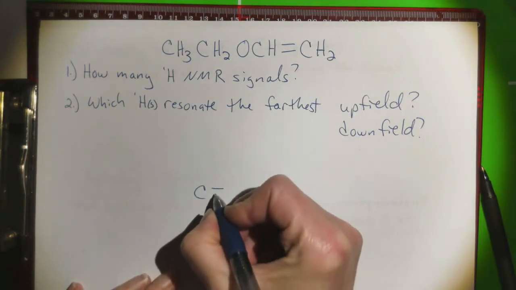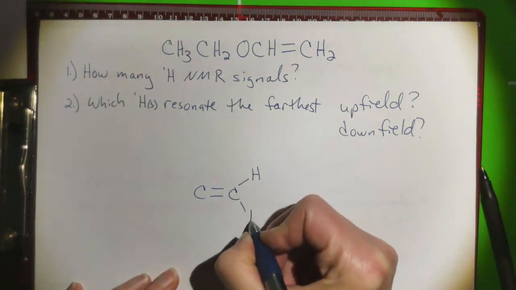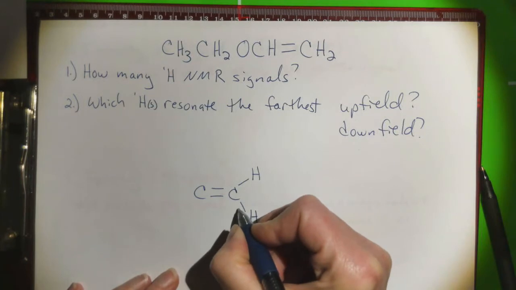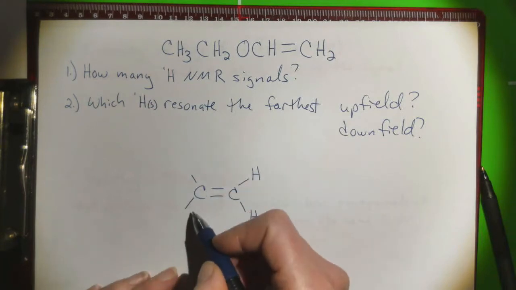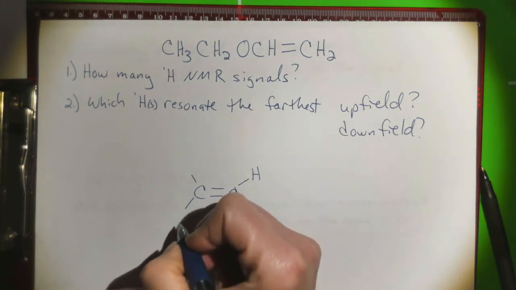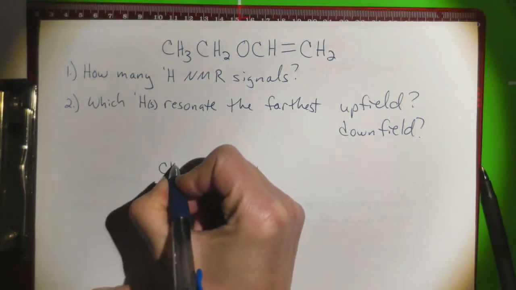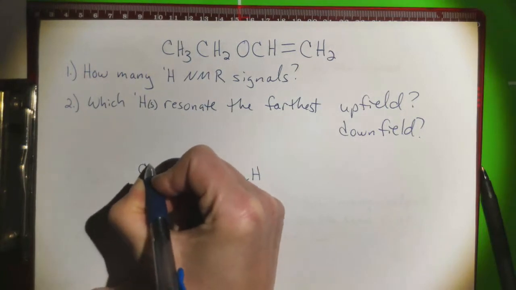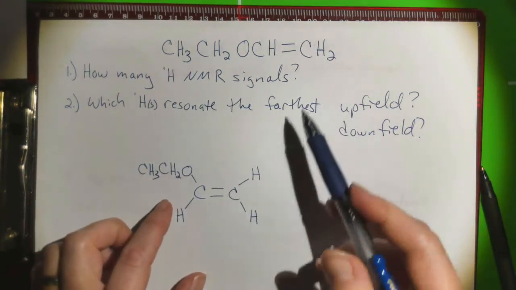Anytime you see a carbon-carbon double bond, I recommend that you draw out all of the bonds attached around that carbon-carbon double bond. Okay, does it matter here which one has the H, which one has the O? No, it doesn't. So do what you like there. Just pick one. CH2, CH3. Okay. So I've redrawn this.